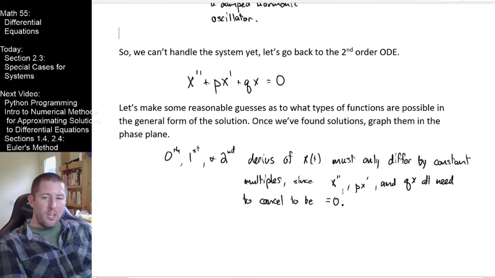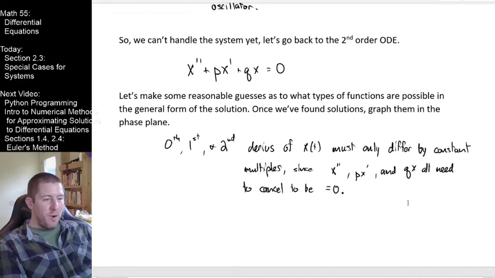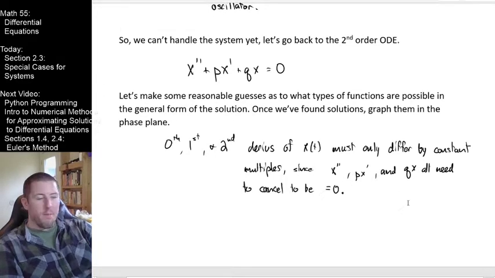So my question to you is, what families of functions are going to work? Well, here's the thing I'm thinking.